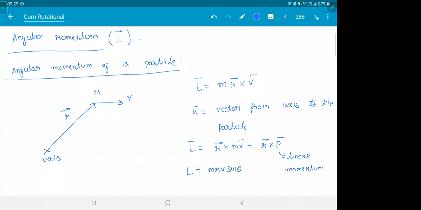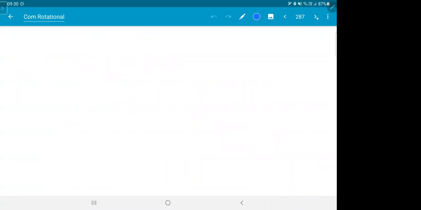Next page. How do you calculate this? You can write this as m r v sin theta. Here this is v, this is r bar, and when you extend, this is theta.